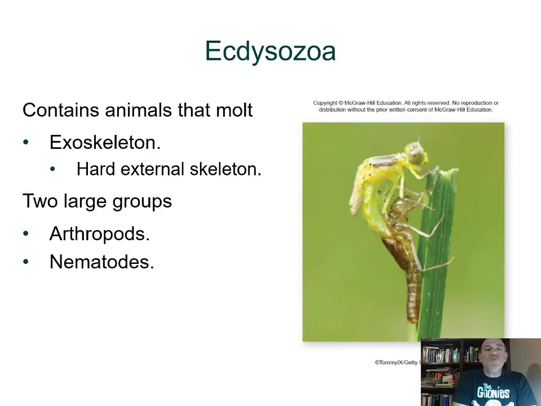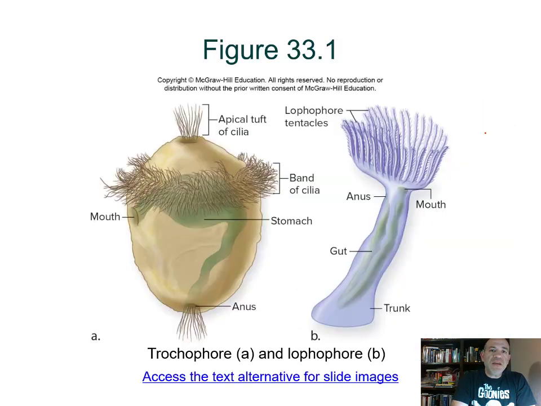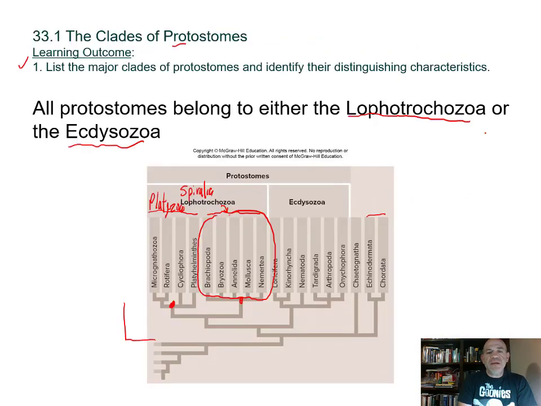Looking at the other group, which was the Ecdysozoa. And the Ecdysozoa is this other group of protostomes out here. And this group gets its name because the evidence seems to suggest that all of these groups, these phyla that we see listed here, share this common characteristic in that they shed.